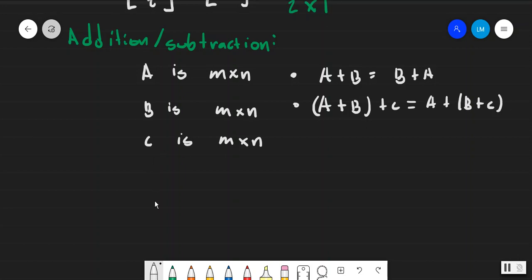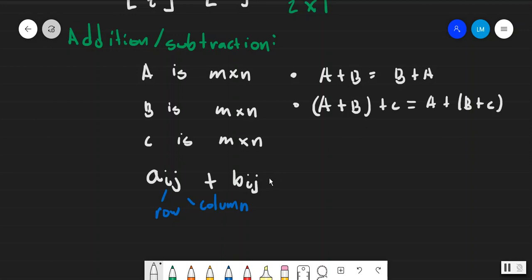Another way that you can look at matrix addition and subtraction is that if you take an entry from your matrix A, so you have A sub ij, this is the notation that tells you the row and the column. What if I was to add this to the matrix B, but the entry was B sub ij?